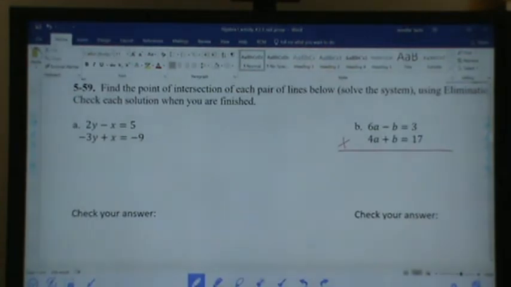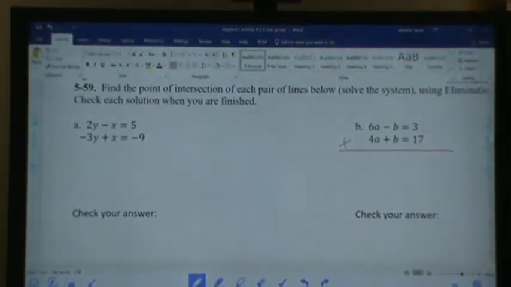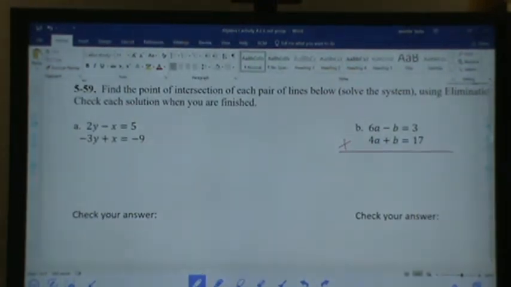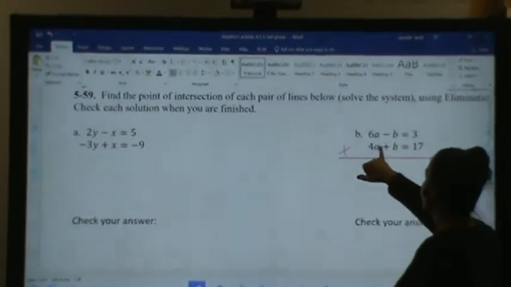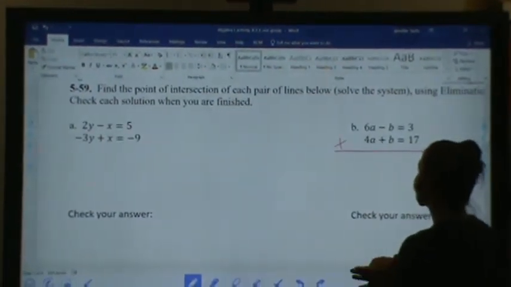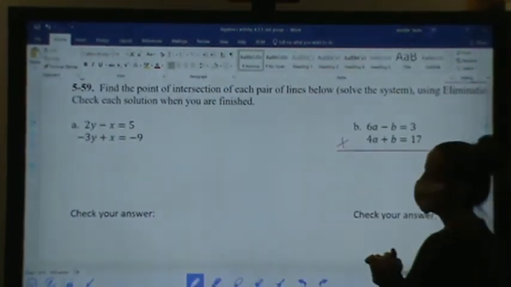Okay, so which one are you going to figure out B with? Which one are you going to plug it in, the top or the bottom? Okay, so plug that 2 back in, right? And you get 8. So what's 17 minus 8?